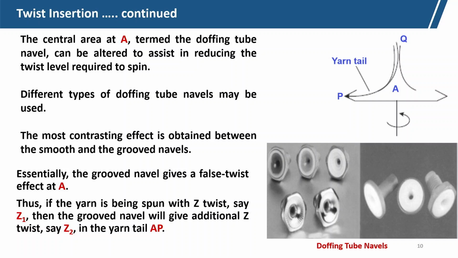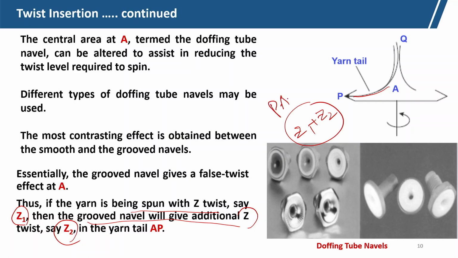Thus, if the yarn is being spun in Z twist, say Z1 yarn twist, then the grooved navel will give additional Z twist, say Z2, in the yarn portion. So, there will be Z1 plus Z2 in the PA zone.